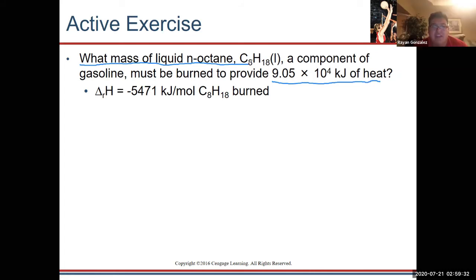It doesn't say we're looking for mass in grams, but are we assuming it's grams? Yeah, mass is always going to be in what units? Grams. If they're not given to you, normally we use grams.